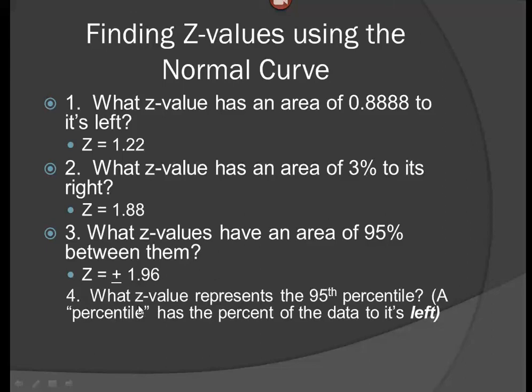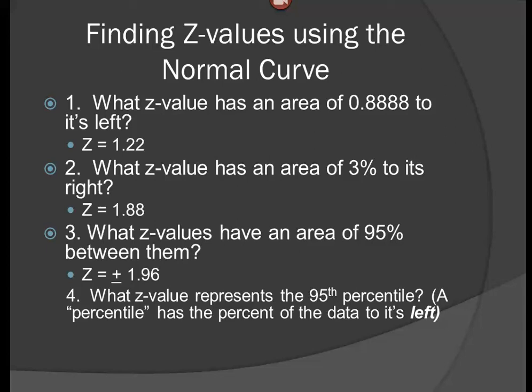The last question, before you move on, is what Z value represents a 95th percentile? The phrase 95th percentile means that the percent of the data to its left is whatever the percentile is you're looking at. So for example, if I say Bobby fit into the 95th percentile of his class, that means 95% of the people had a lower GPA than he did, and 5% had a GPA higher than he did.